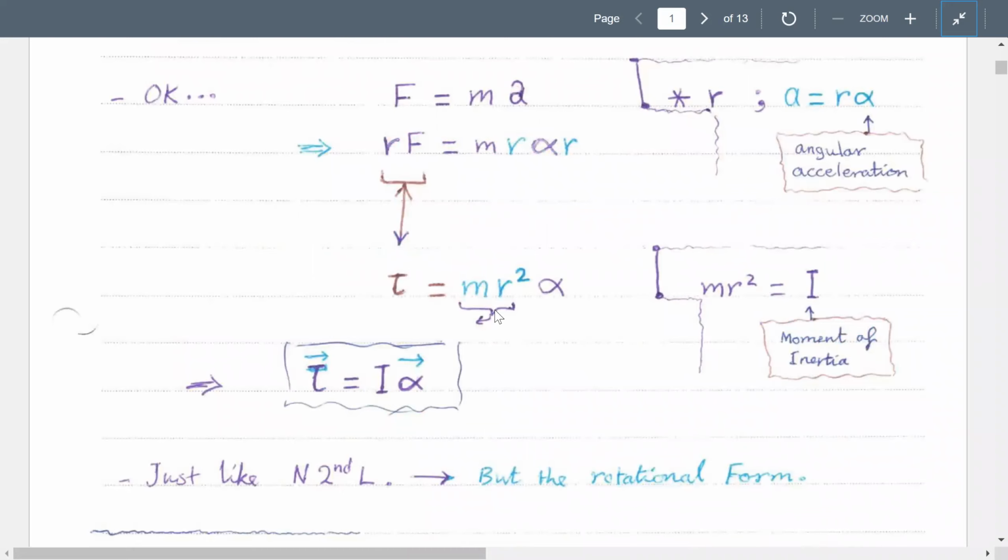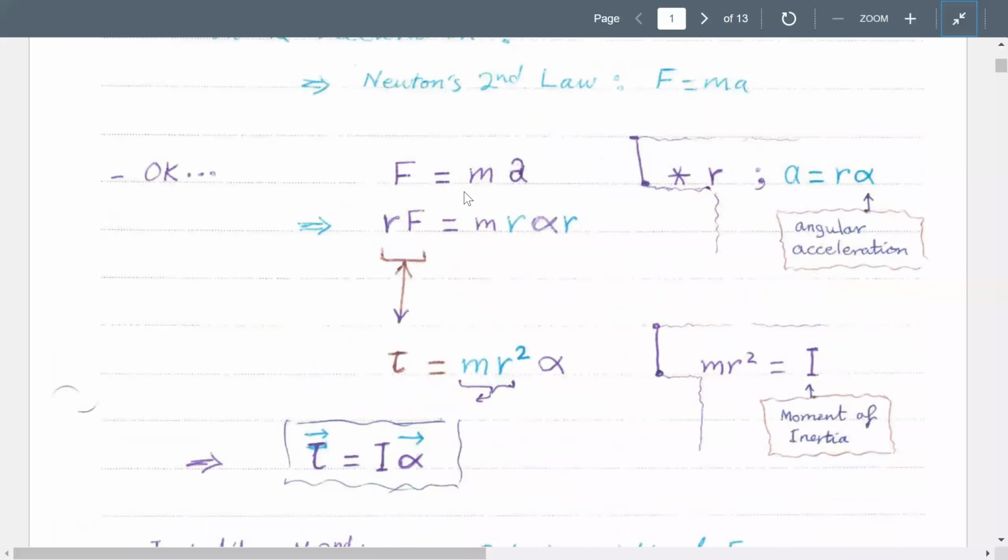R squared, if you remember from the previous lecture or the lecture before, is the moment of inertia, which is I. We are talking about a point mass, but if we have any extended object, then we will put a factor here, which is 2/5, 1/3, 1/12, depending on our object. But in general it is the moment of inertia. Now the torque is equal to I multiplied by alpha.